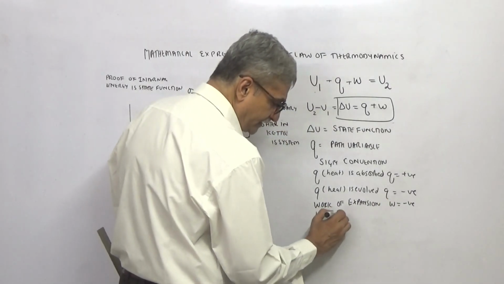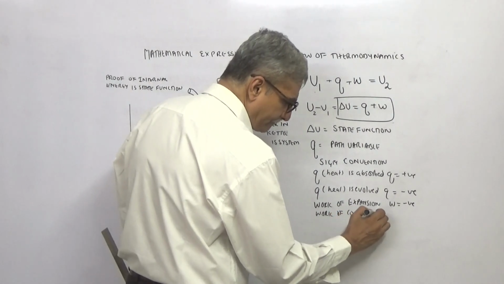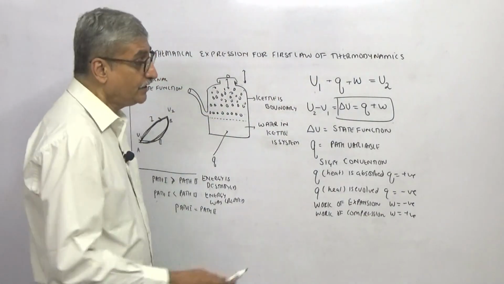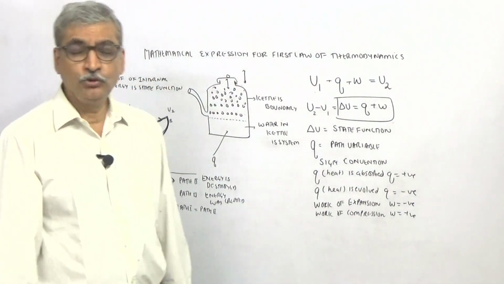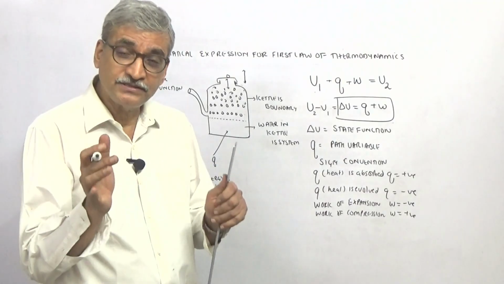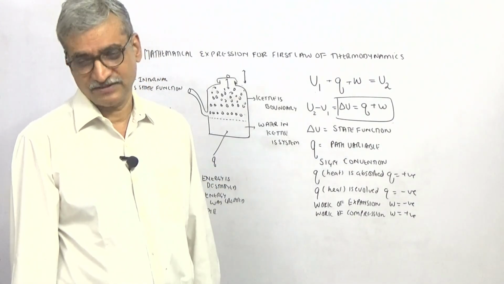For work of compression, work is positive. So you can see Q is not a state function, W is not a state function, but Q plus W will be delta U, the internal energy change that is happening, and that is a state function.